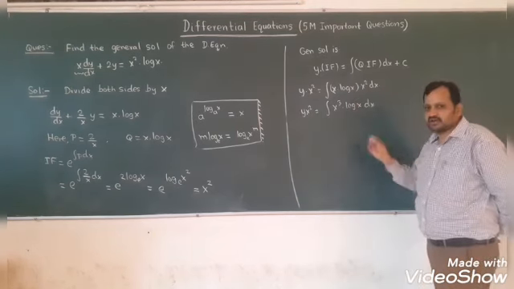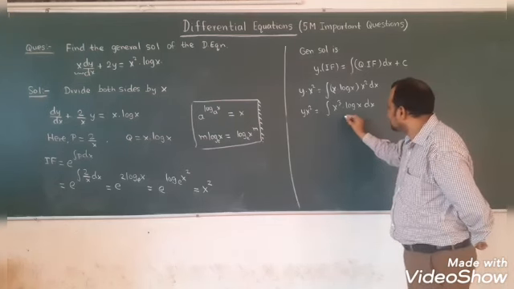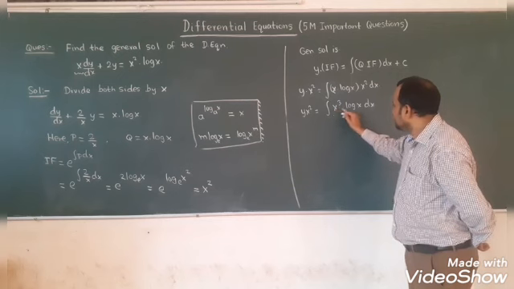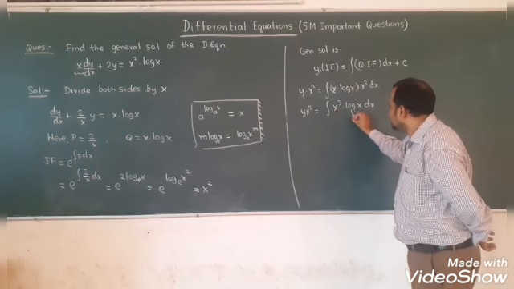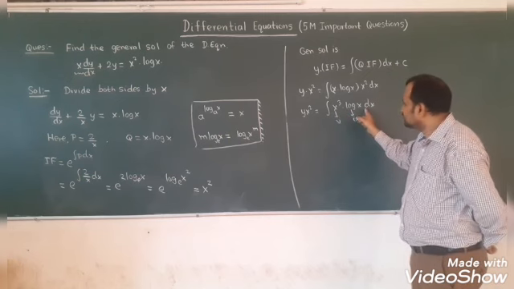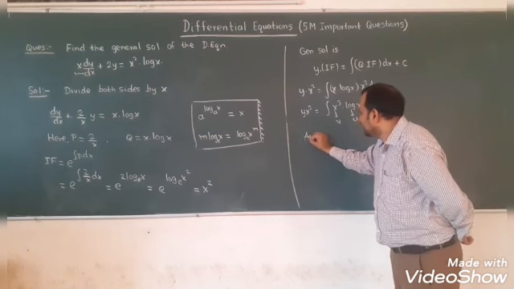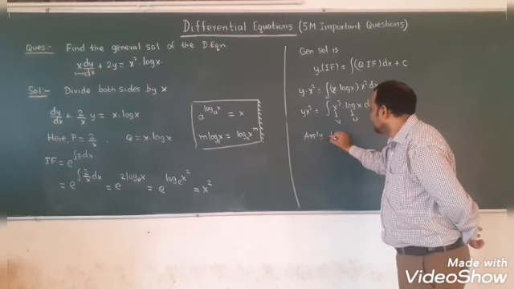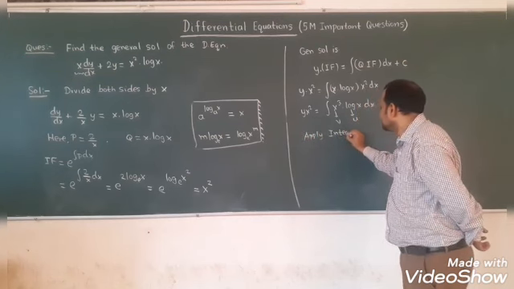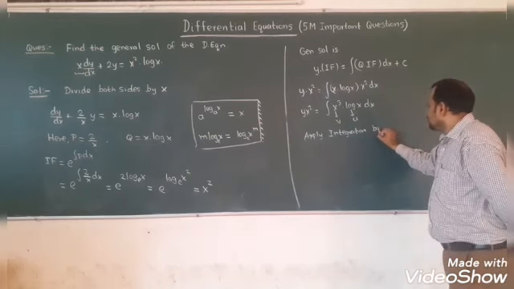Again, can I say it is a product of two terms? So we have to apply integration by parts. I let L A: logarithm followed by algebraic. So this is u and this is v.